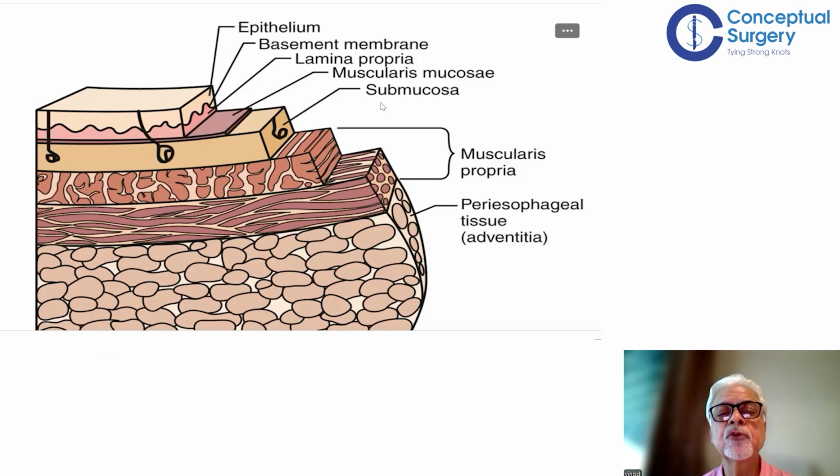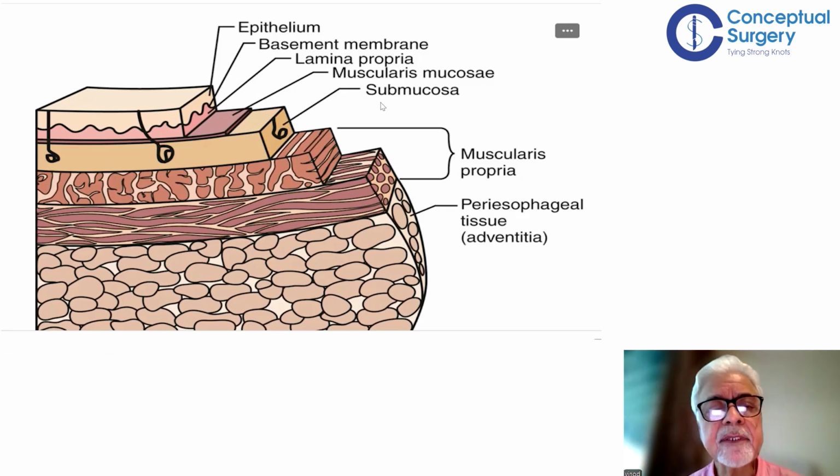So we will be using the words intraluminal for those entities which cause lesions in the epithelium, basement membrane, lamina propria, muscularis mucosae, and submucosa, and the ones which give rise to tumor formations in the muscularis are referred to as intramural. So intraluminal and intramural. Then of course the outer layer is the periesophageal tissue. And as we all know, esophagus doesn't have any serosa.